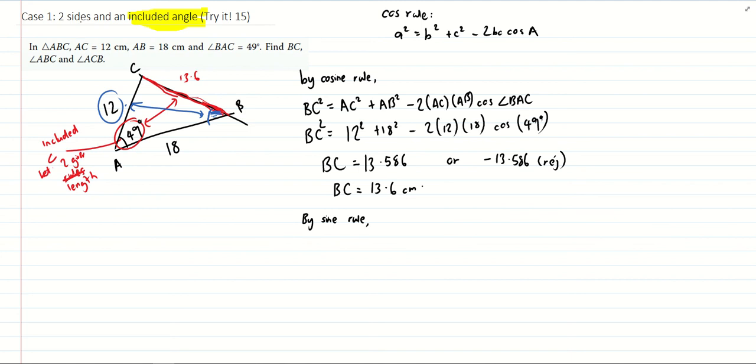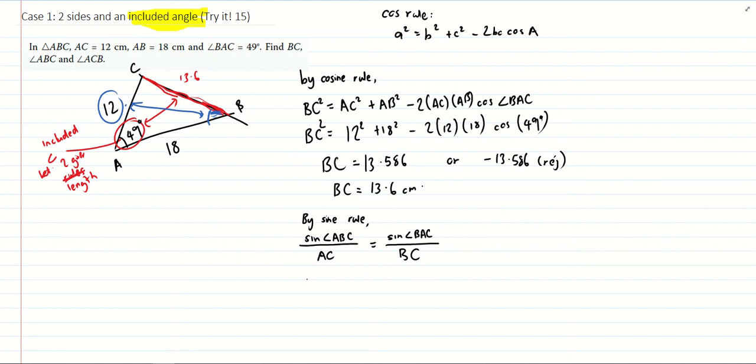Let's study our working. I want to find angle ABC. So I have sine angle ABC over the corresponding length to the angle, which is AC, is equal to, let's use what we are given, the red color one, sine angle BAC over your length, which is BC itself.